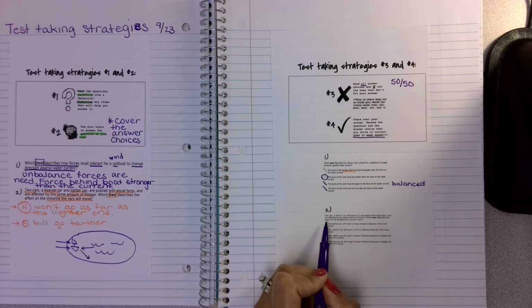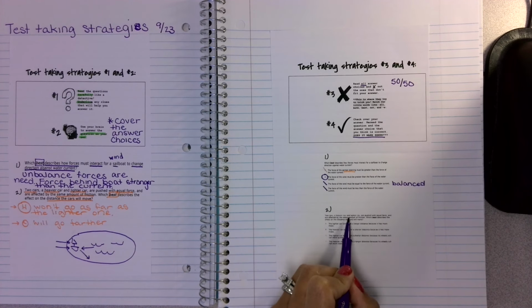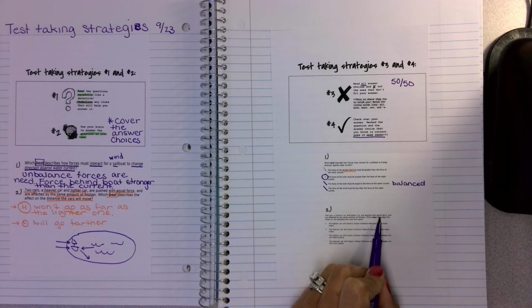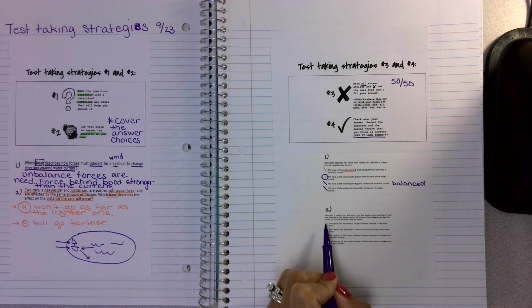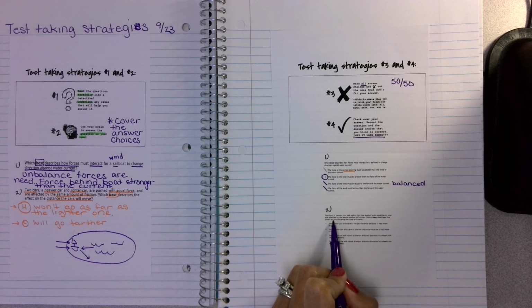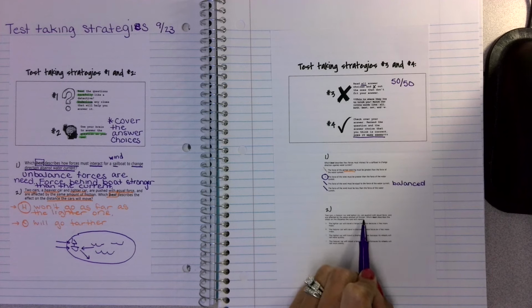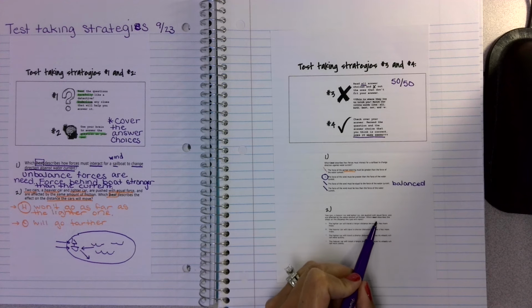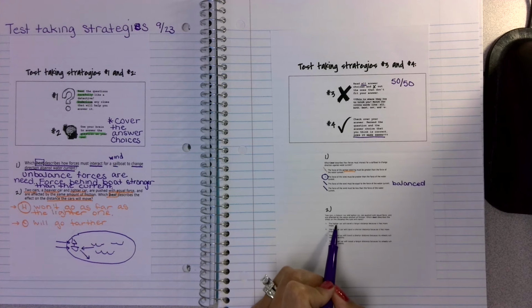Okay. Two cars, a heavier car and a lighter car, are pushed with equal force and are affected by the same amount of friction. Which best describes the effect on the distance the cars will move?